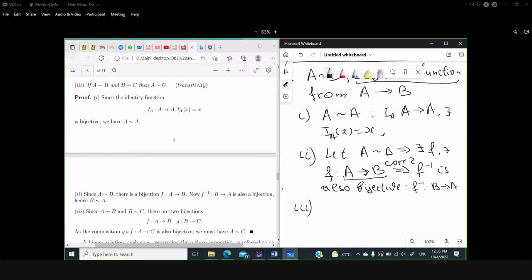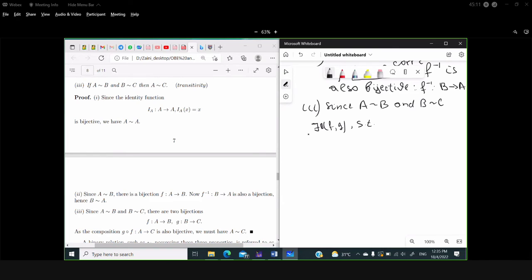In this third case, since A is equivalent to B and B is equivalent to C, then there exist two bijective functions, f and g, such that the f function maps A to B, and the g function maps B to C, and both of them are bijective.